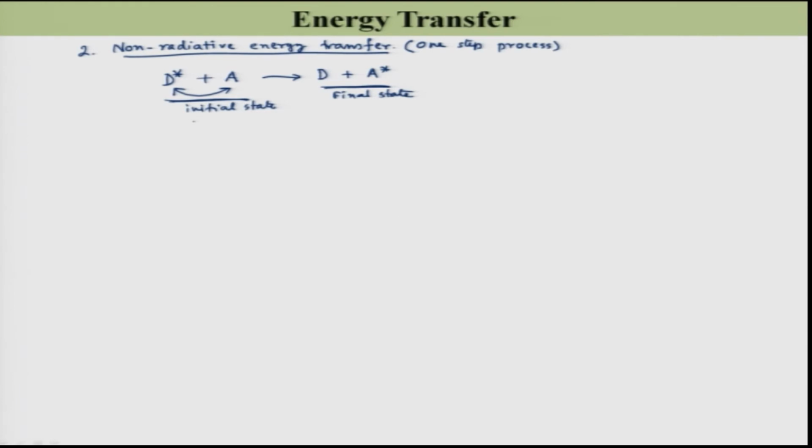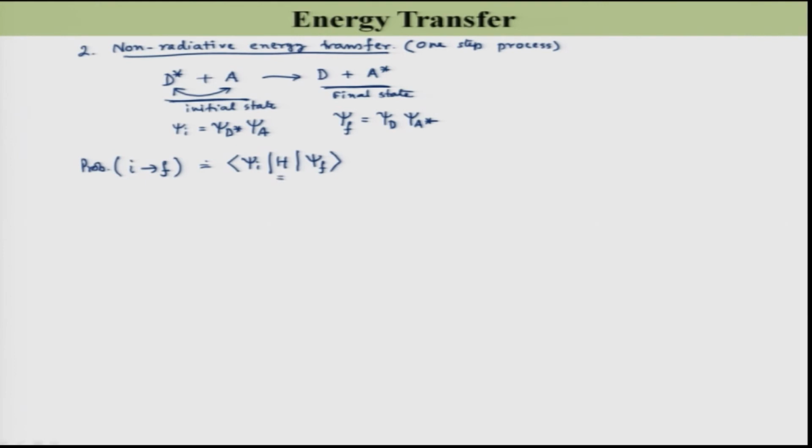If I write the wave function of the initial state as psi I, which is psi D star psi A, and the wave function of the final state as psi F, the product of the wave functions, psi D psi A star, then I can write the probability of the transition I to F as the integral of psi I, the perturbation H, psi F. Now, the question is, what is this H?